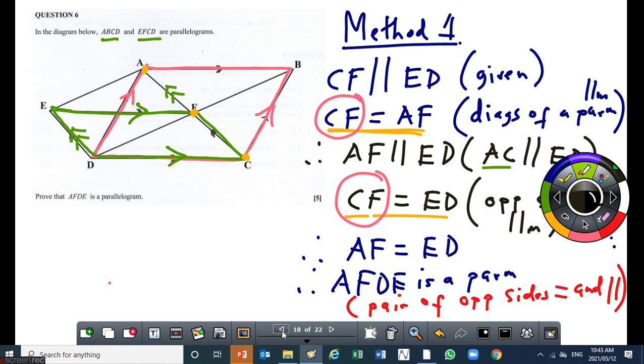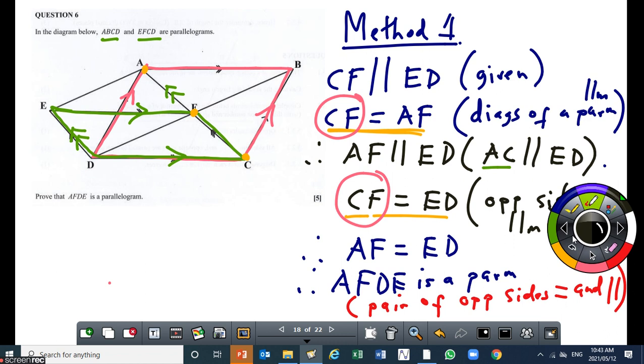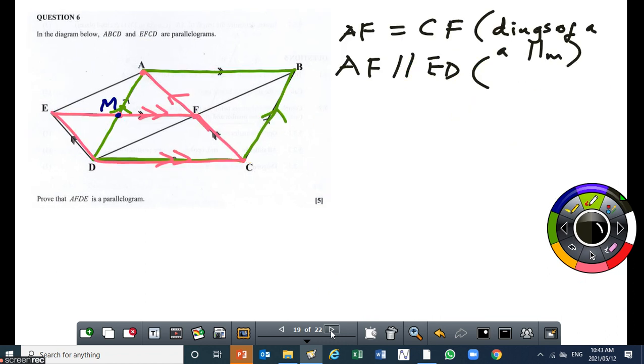AF is parallel to ED because AC is parallel to ED. So we have got that. I can write it down here. So AF is parallel to ED because CF is parallel to ED, because of the fact that points A, F, and C are on the same straight line.